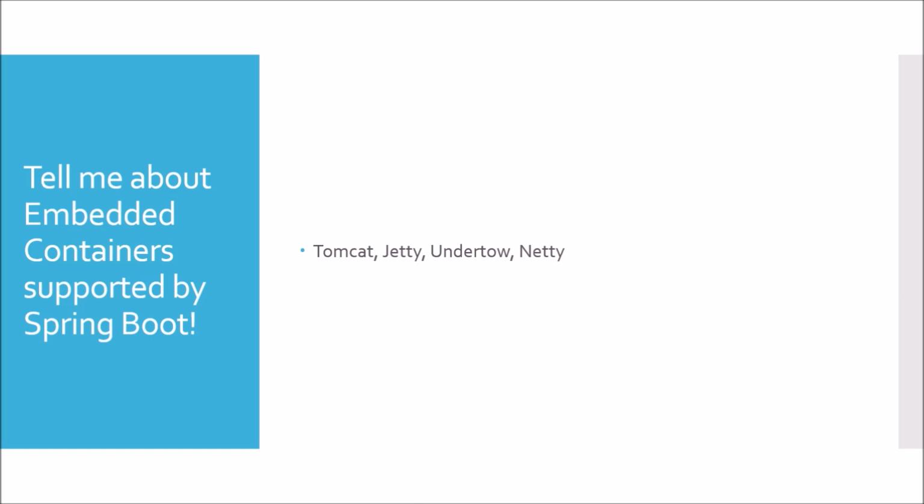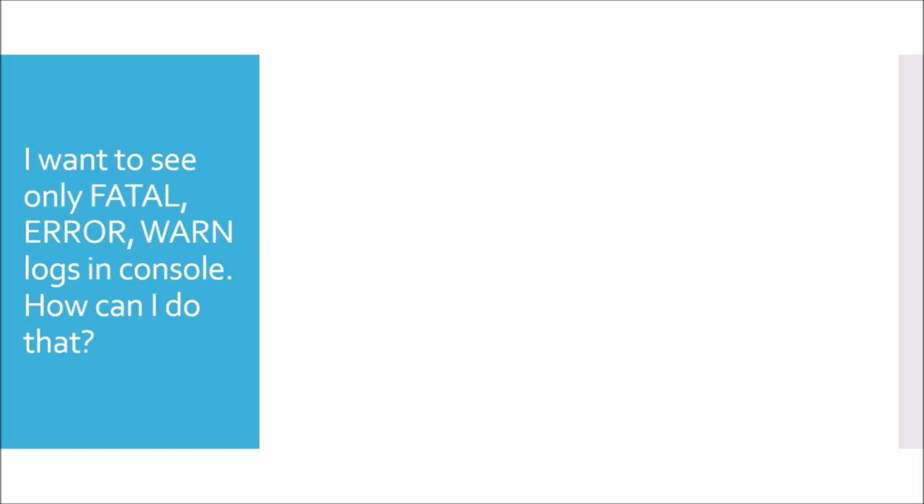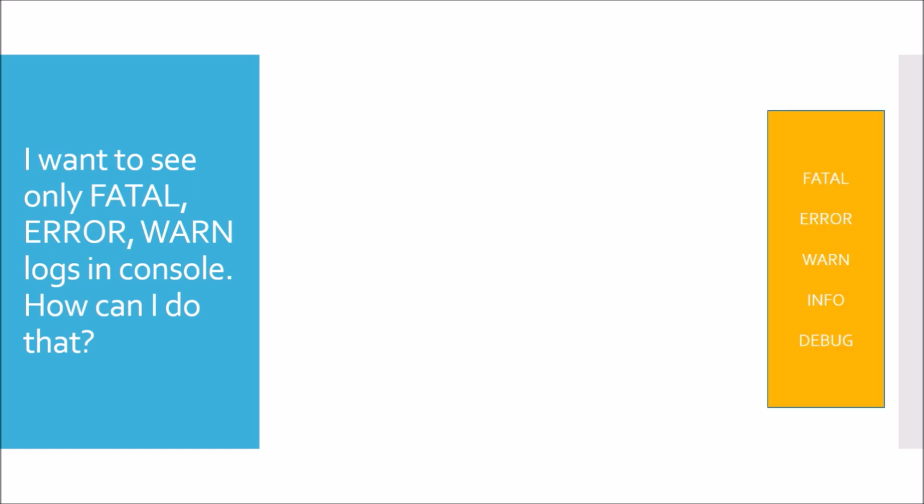Next question. I want to see only fatal, error, and warn logs in the console. How can I do that? If you remember the different logging levels in Java, you have fatal, error, warn, info, debug.